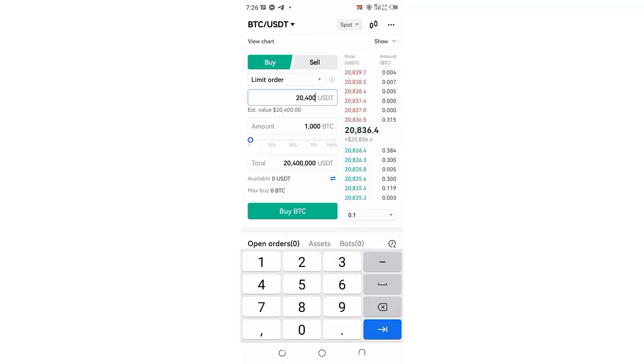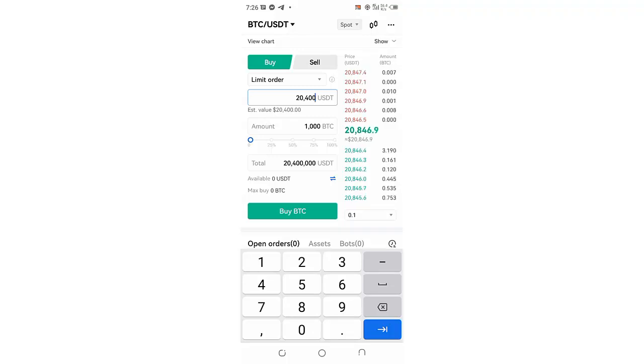And you expect that that is going to happen in the morning. You say, once it happens, even if it's in the night, buy it for me. And you execute the trade. So what's going to happen is that if it gets to morning and BTC didn't hit 20,400, maybe it's at 20,500, it will not buy.